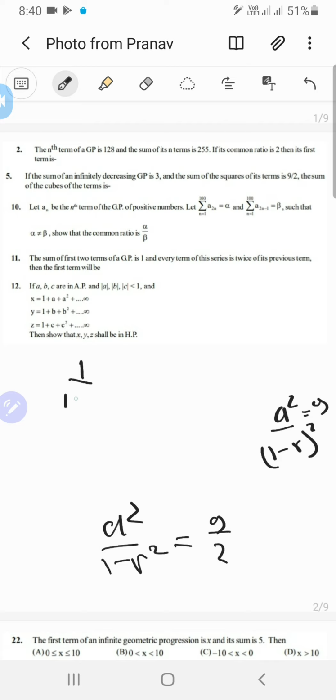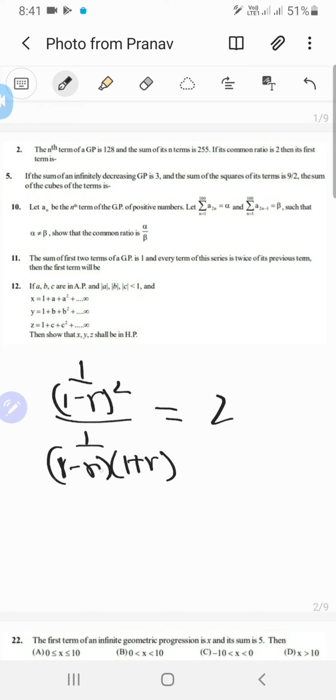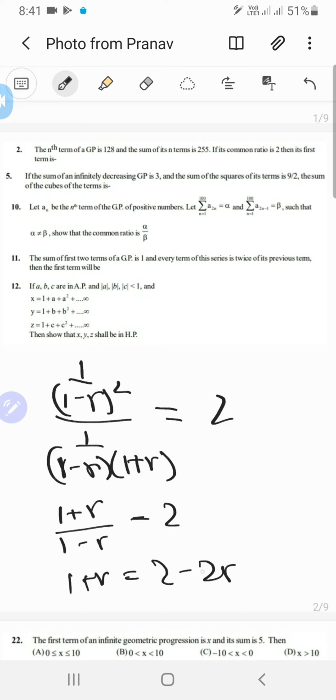You get 1 upon 1 minus r whole squared, upon 1 minus r into 1 plus r, equal to 9 upon 9 by 2, which is just 2. So 1 minus r upon 1 minus r squared is just 1 plus r remaining, and you have 1 minus r equal to 2. So 1 plus r equals 2 minus 2r. You get 3r equals 1. Sorry, that gives us r equals 1 by 3.